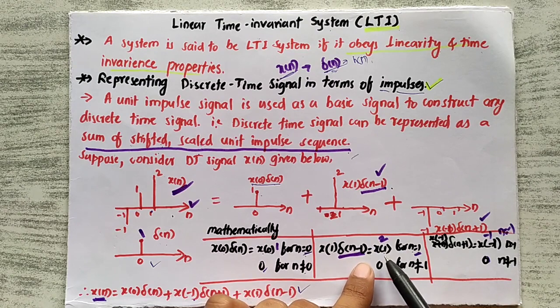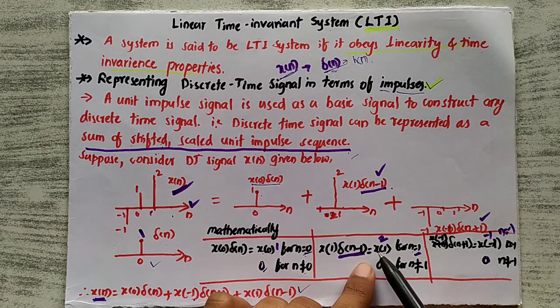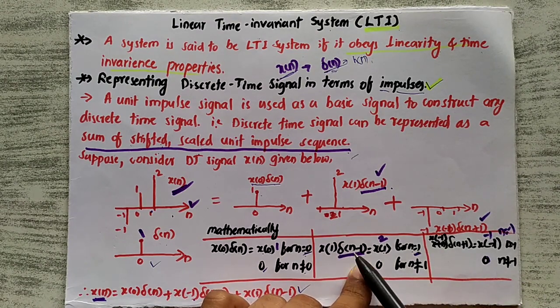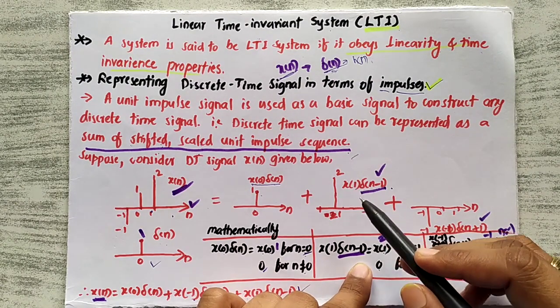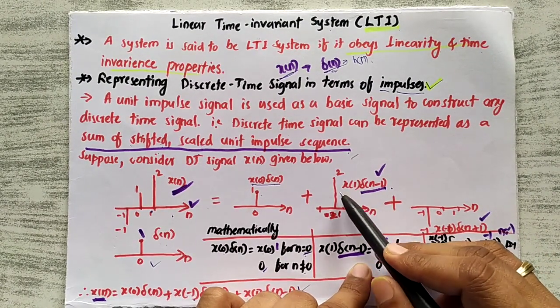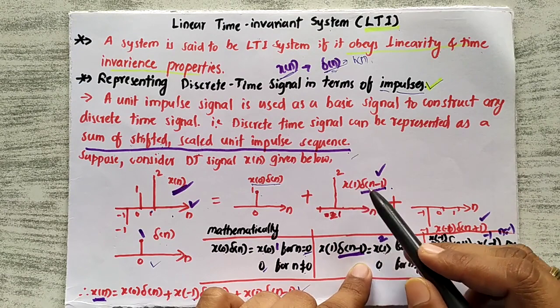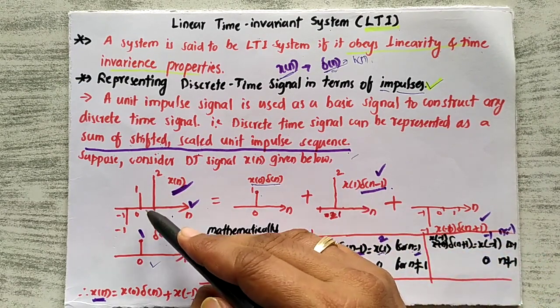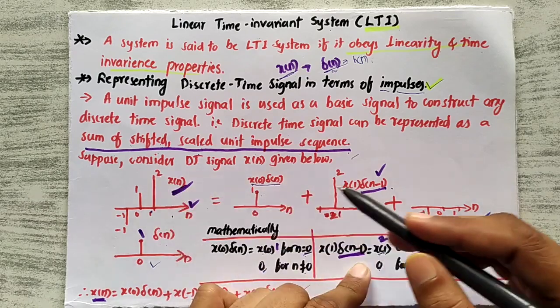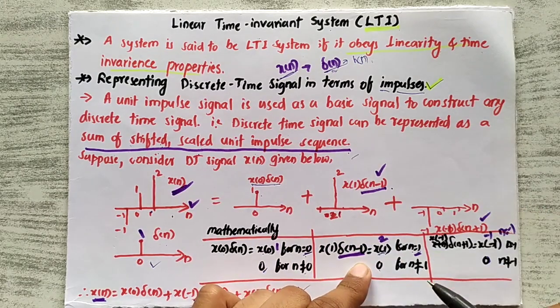A shifted impulse signal has value 1 for n equal to 1. So x of 1 delta n minus 1 equals x of 1 for n equal to 1. Other than 1 it is 0. Graphically, at 1 only the value of the signal exists. What is that value? This is x of 1. But what is x of 1 in the signal? It is 2, right? So at 1 it will be 2.